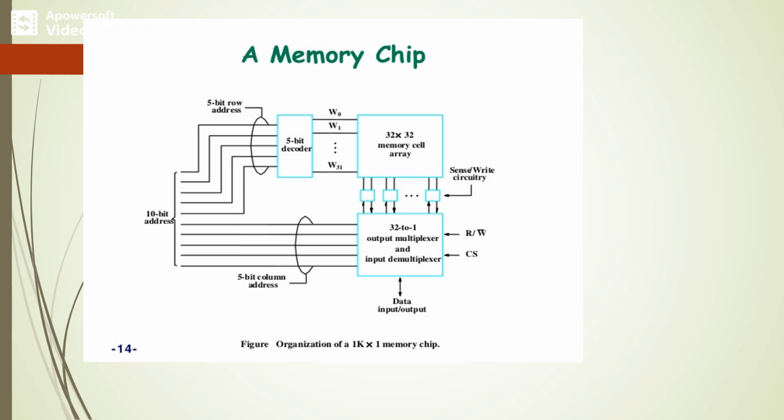Here we can observe that we have 32 into 32 memory cells. That is nothing but 1024 cells, which I can approximate to 1K cells, and those 1K cells are arranged in 1K into 1 format.